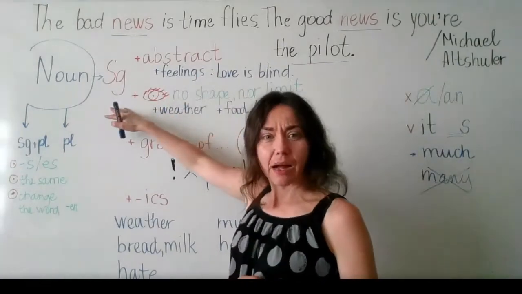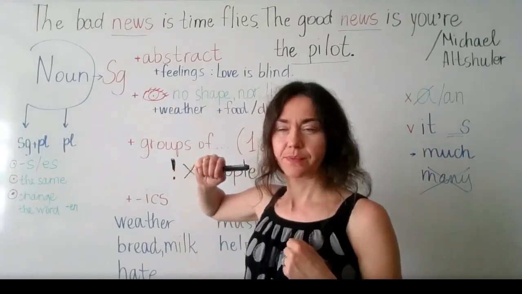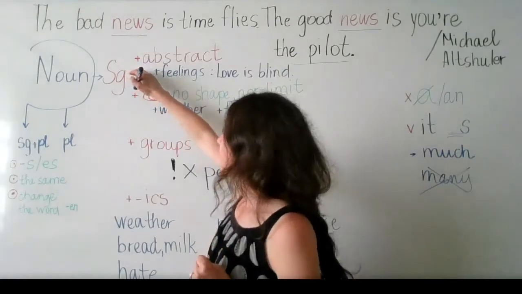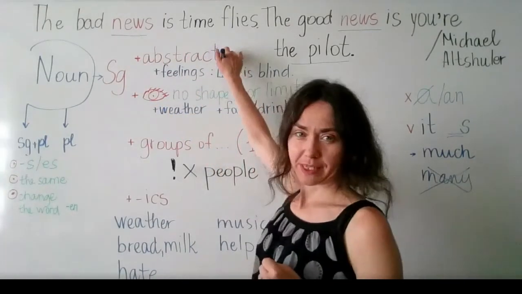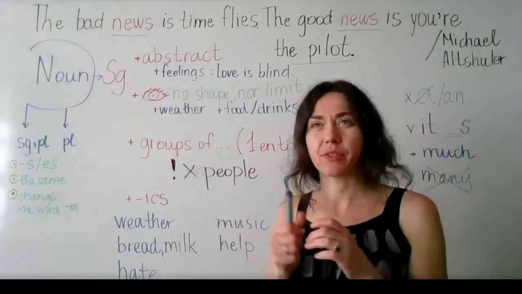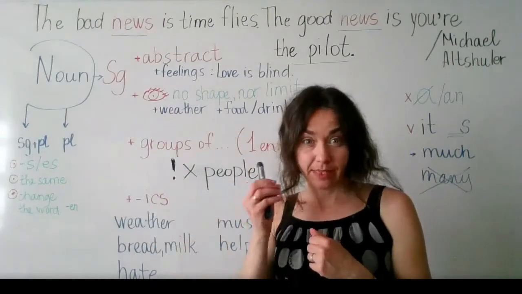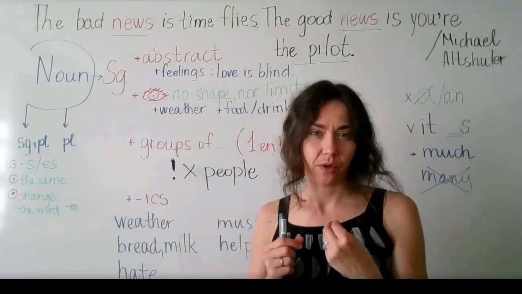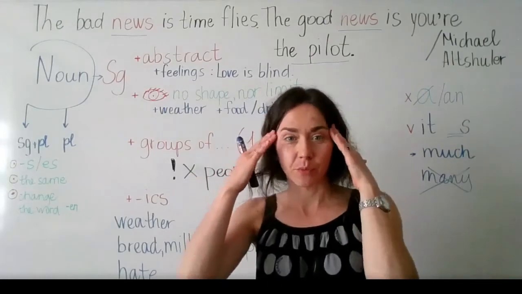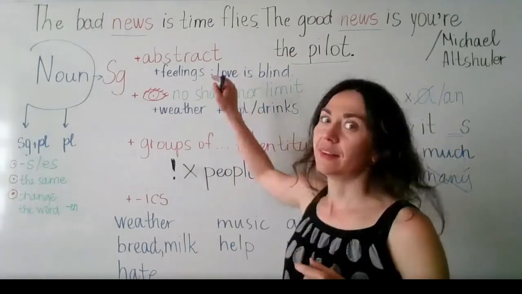So what are these nouns? What are these groups of nouns? So first of all, we have nouns which are abstract. Abstract nouns, when I say abstract noun, I mean that you cannot see this noun or touch this noun, but you understand it. So let's say this understanding comes from your brain, from your head. So you understand when I say love.